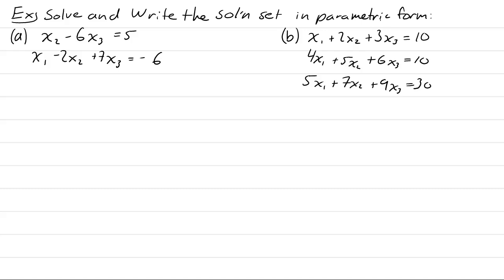So let's start by rewriting it as a matrix so that we can use this information about pivot positions and stuff. So the first equation is 0x1 plus 1x2 minus 6x3 equals 5. The next one is a 1, negative 2, 7, negative 6.